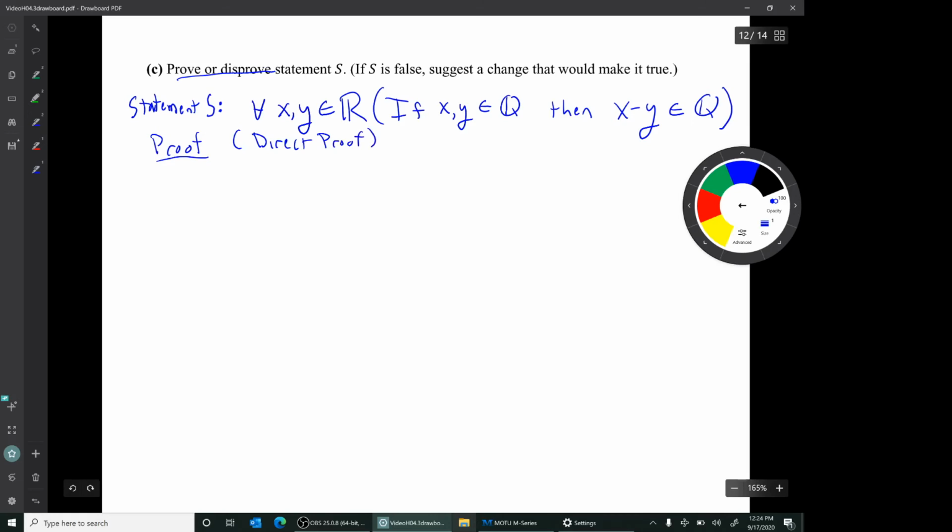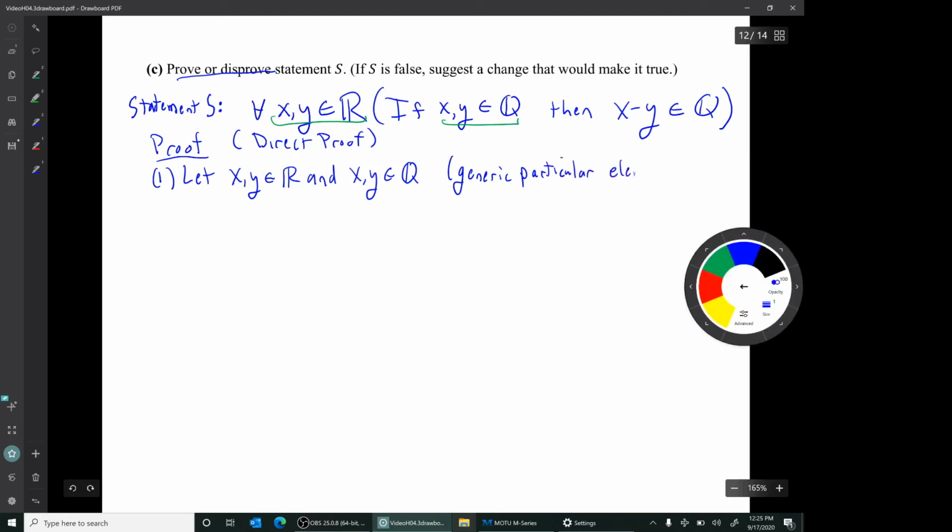So that means statement 1 we have no choice about. Statement 1 is going to have to take care of the description of the domain and the hypothesis. So in other words, we let X and Y be... so statement 1 is where we introduce generic particular elements.